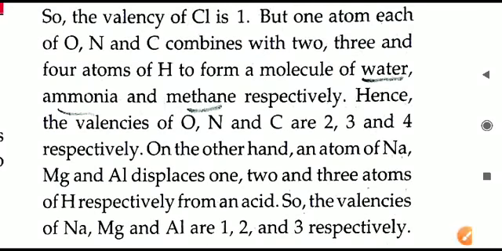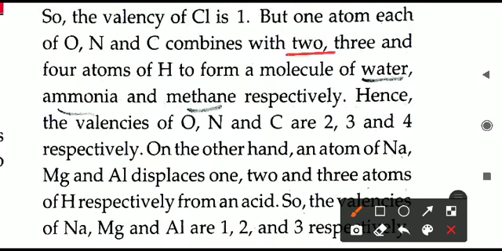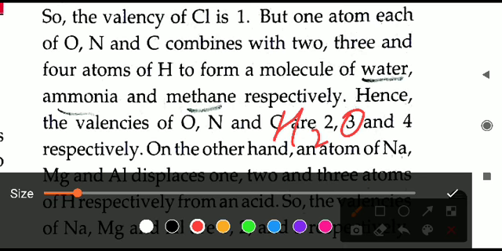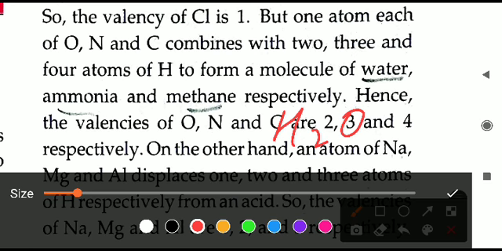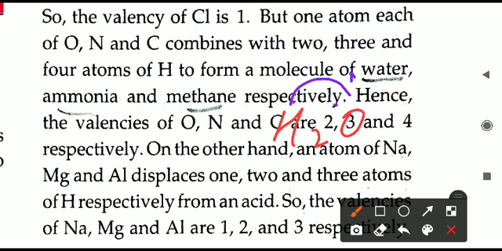In other cases the valency can be more, like 2, 3 or 4. For example, take H2O: one atom of oxygen, 2 atoms of hydrogen. Hydrogen here is accepting only one atom. You see in this particular formula, hydrogen is accepting only one oxygen, because in this molecule only one oxygen is there.